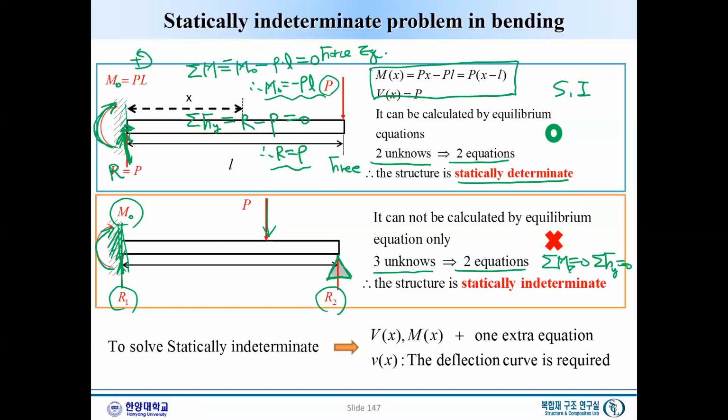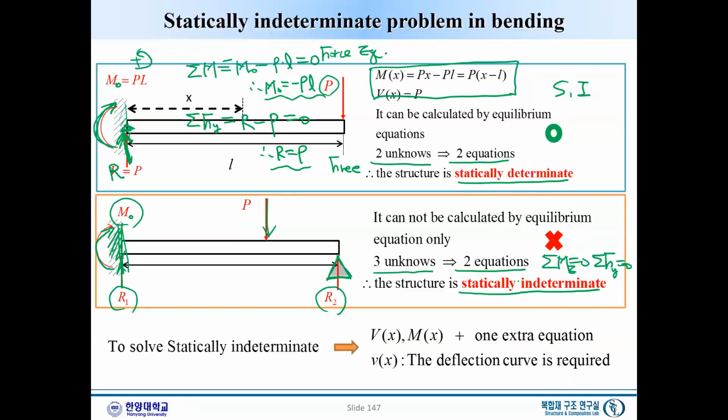Actually, this is the z-directional moment equals 0. So we have 2 equations but 3 unknowns, so we cannot solve these reaction forces just using force equilibrium. So obviously, this is a statically indeterminate case.